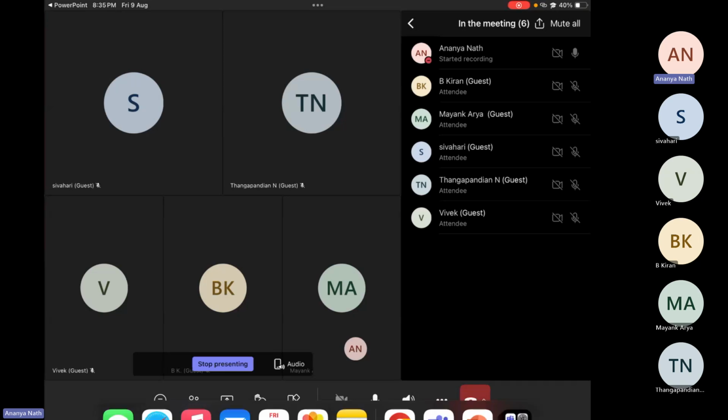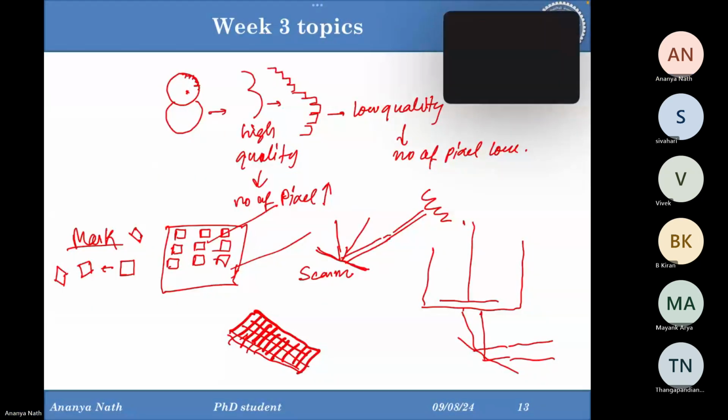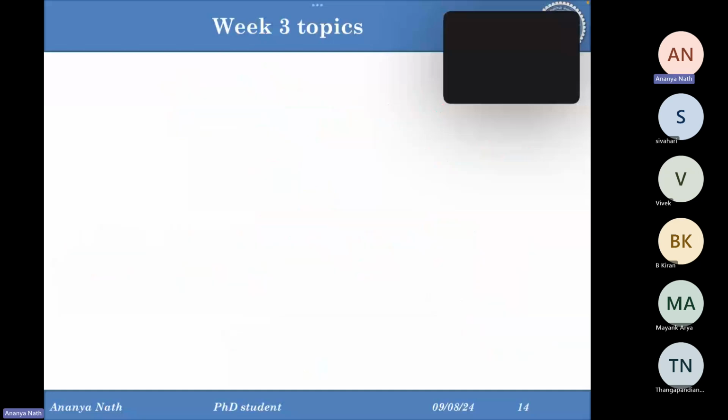There is one thing about this galvo scanner. Galvo scanner is a very important equipment in additive manufacturing. Not only in VAT photopolymerization, but also in other additive manufacturing techniques, this galvo scanner is used.